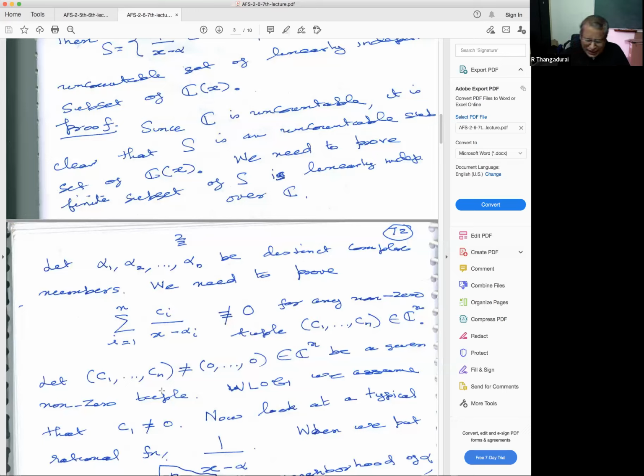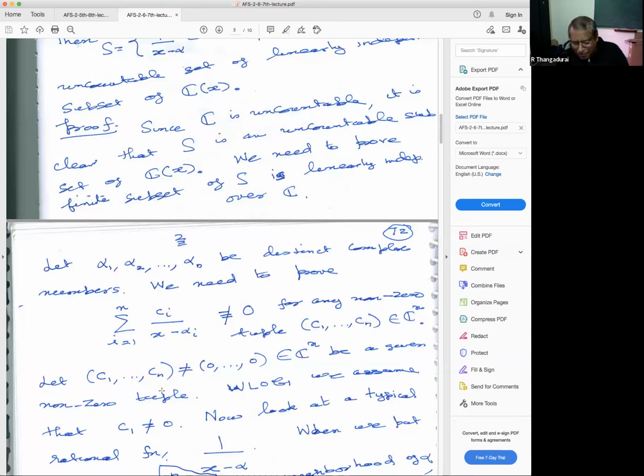It means that if I take a neighborhood around alpha and choose beta, where beta is not equal to alpha but lies in a very small neighborhood of alpha, and I plug in z equal to beta, I get 1 by beta minus alpha. What will this value be? It's going to be huge.